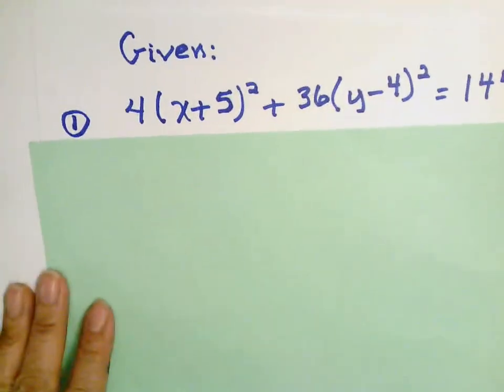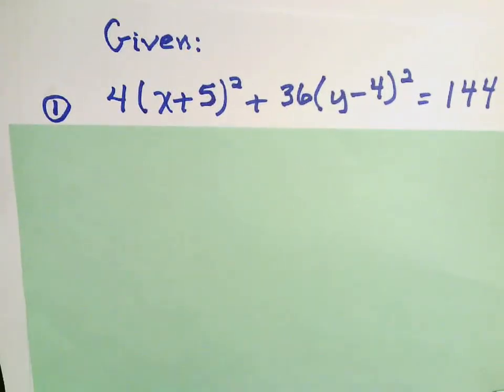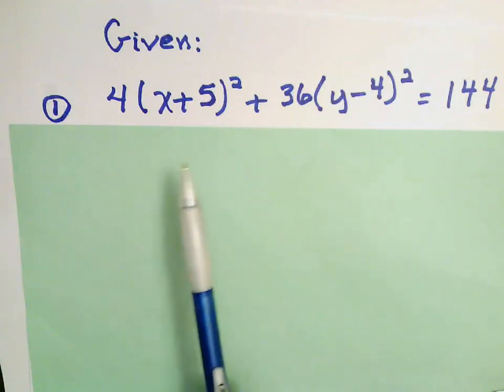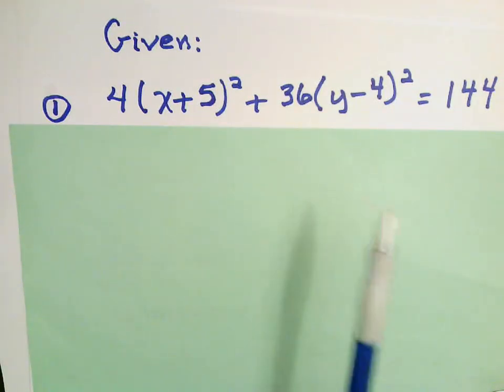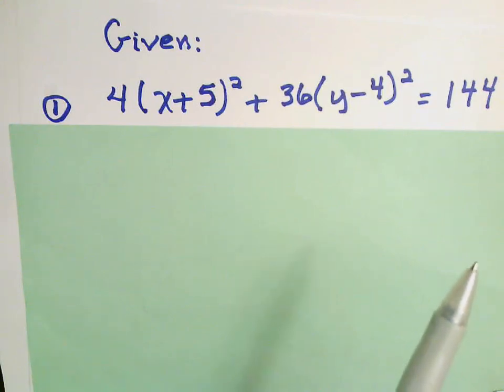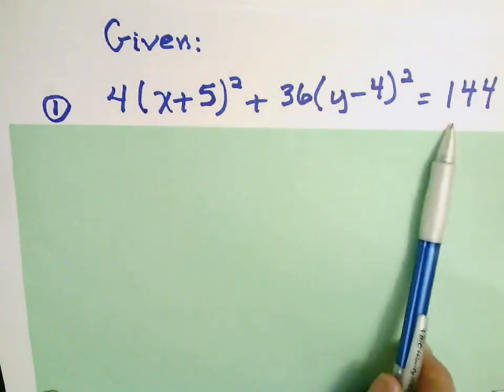Another example that we're going to look at, another equation, involves where the center is not at the origin, and it looks like this. 4 times the quantity x plus 5 squared plus 36 times the quantity y minus 4 squared is equal to 144. Now remember the standard equations? This right-hand side has to be a 1.